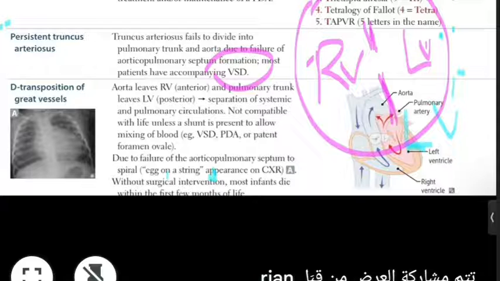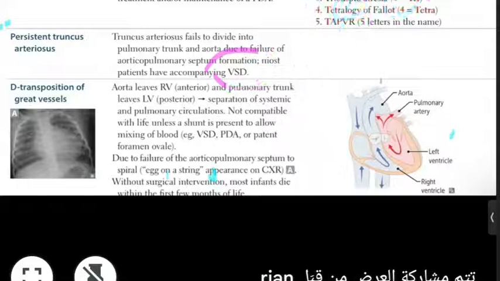So the blood will also move between the left and right ventricles. You have a defect here, and the oxygenated and deoxygenated blood are mixed in the truncus arteriosus.